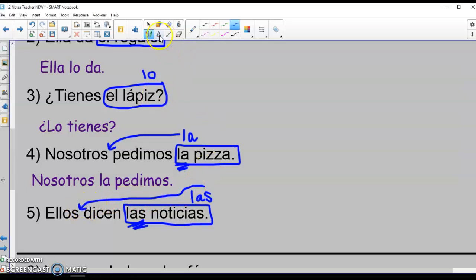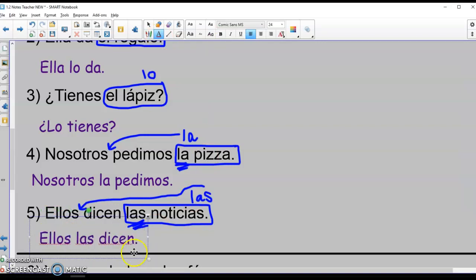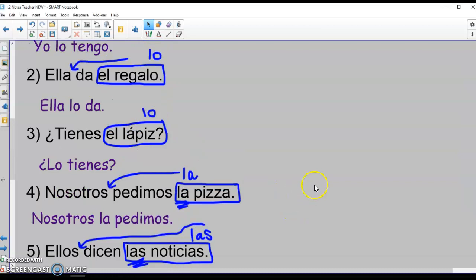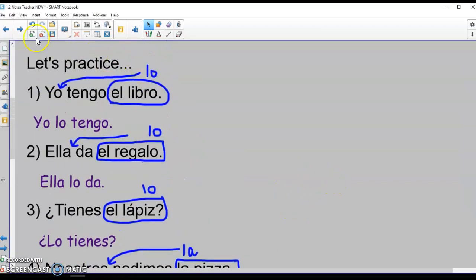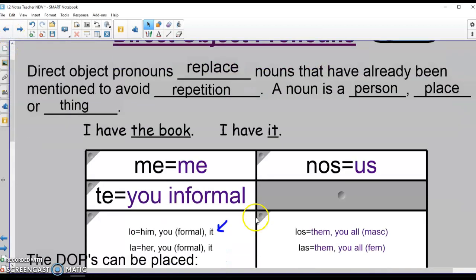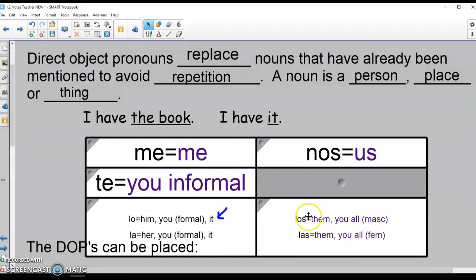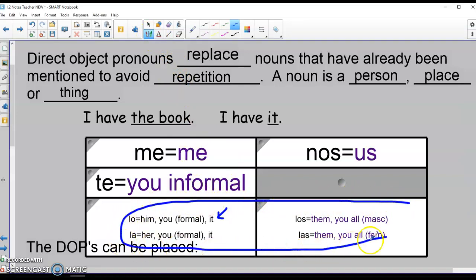And again, it's going before the conjugated verb. So ellos las dicen. Okay, so you're probably noticing most of the time from this list of direct object pronouns, you're using these bottom 4. You don't use me, te, or nos all that much. You're going to mostly be using these 4.